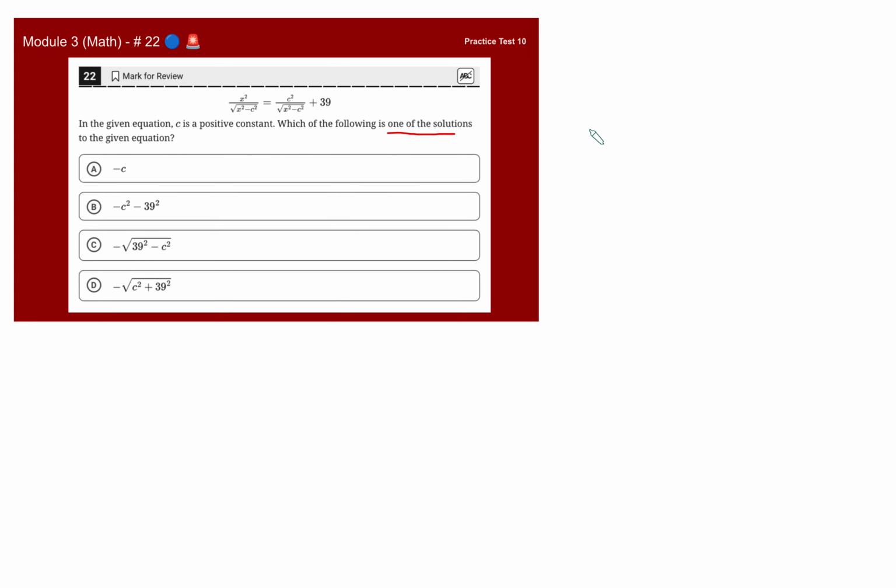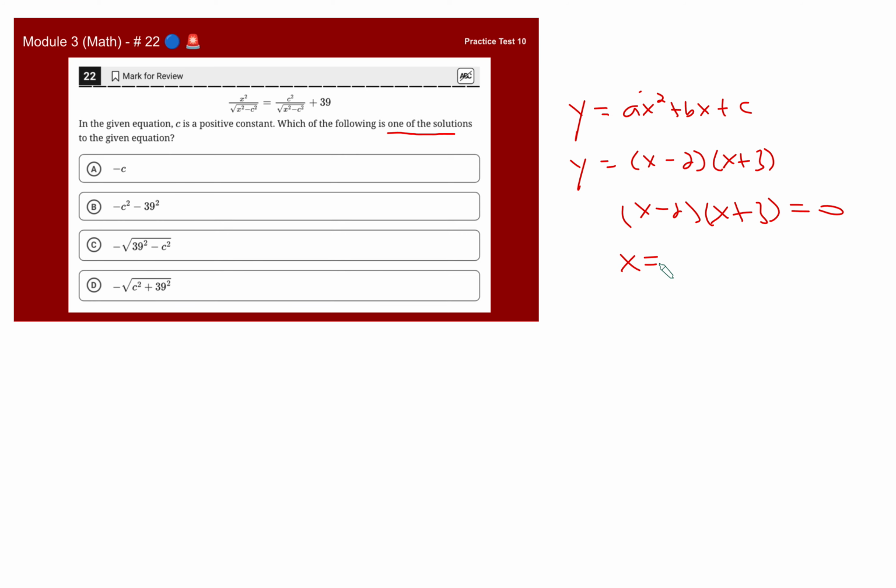If we have y equals some quadratic equation, something written in ax squared plus bx plus c form, and you're able to factor it, let's say it factors to something like this, and you set these factors equal to 0, and you say, okay, x equals positive 2 and x equals negative 3.